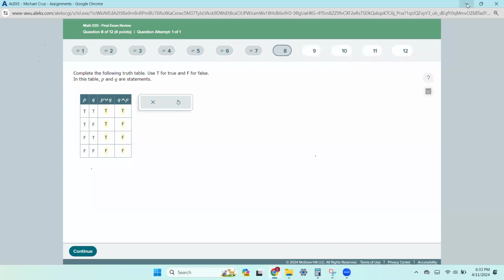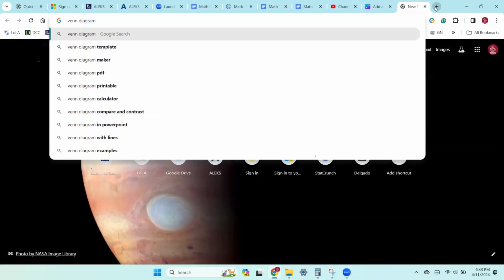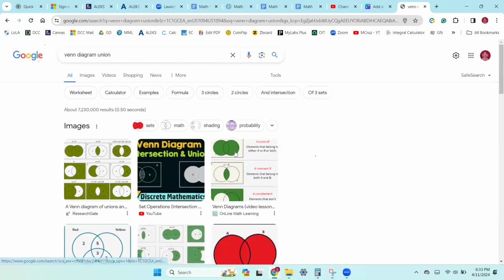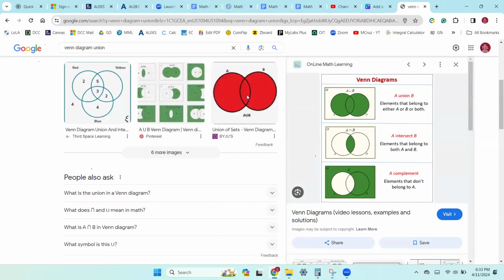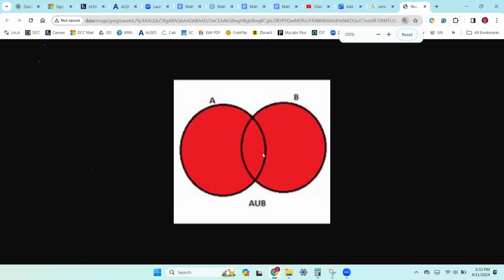Let me get a picture of a Venn diagram. All right, so here's what we want, something like this. With this, this is the union here.